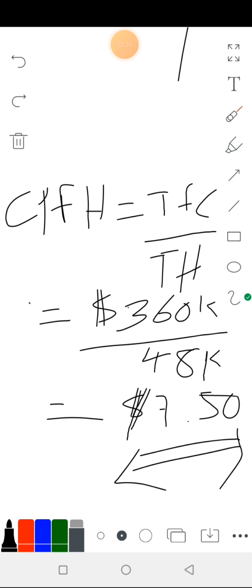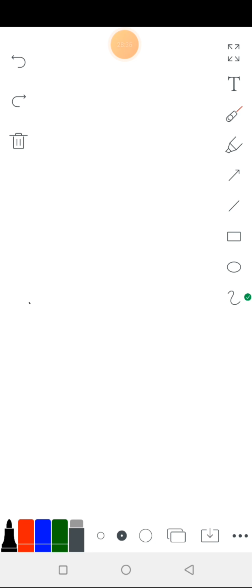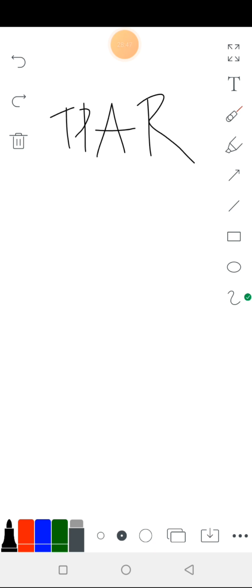I'm erasing this part. Now let's calculate the throughput accounting ratio. How do we calculate the throughput accounting ratio?